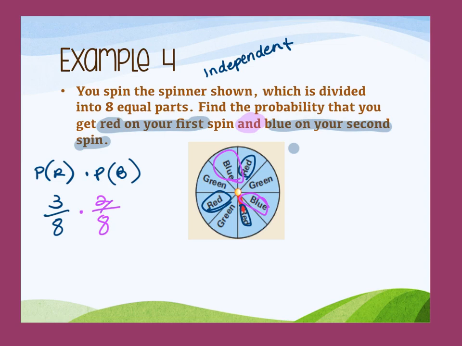So now I can simplify this, make my life a little bit easier, multiply it, and my chances are 3 out of 32. So again, notice the word and is there, not or. Or would be a single spin. Easy stuff, right?